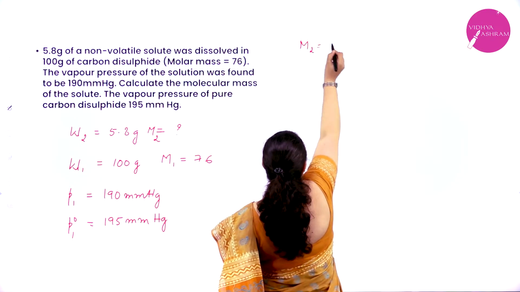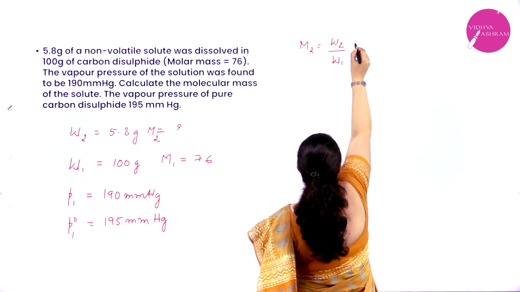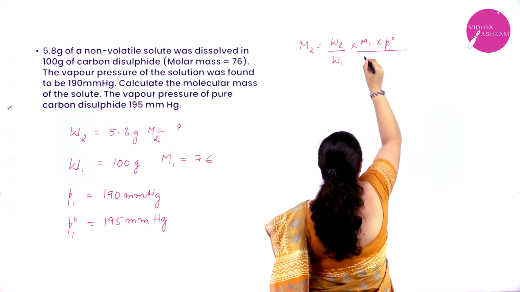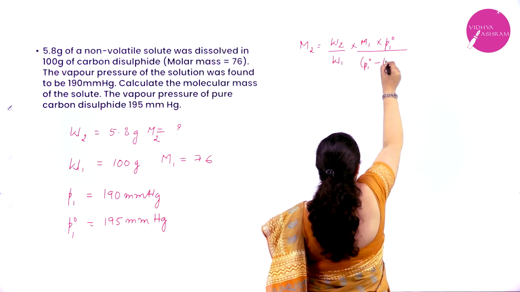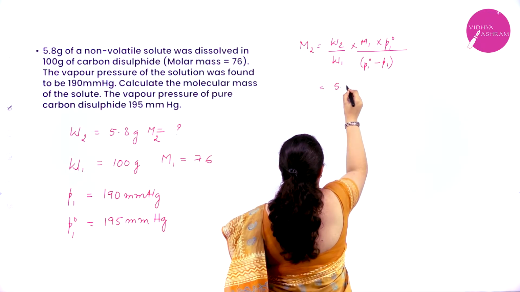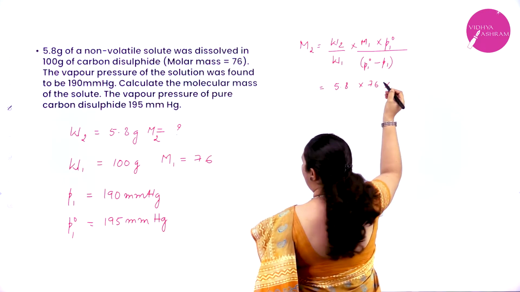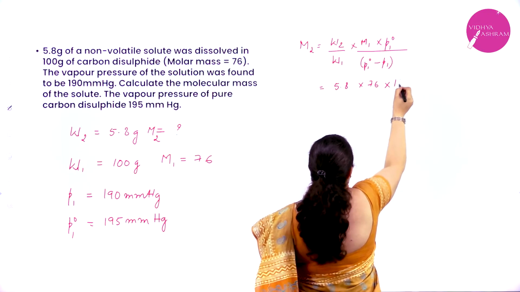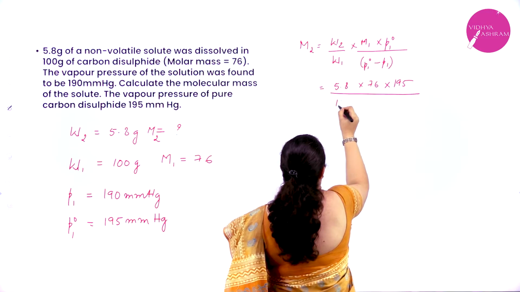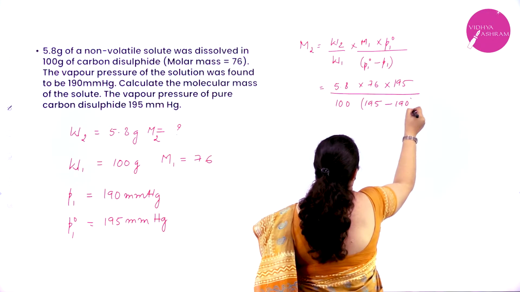Okay, I'll write the formula for you all. Directly I'll write M2 is equal to W2 by W1 into M1 into P1 naught by P1 naught minus P1. W2 is 5.8 into M1 is 76 into P1 naught is 195 divided by W1 is 100 into 195 minus 190.